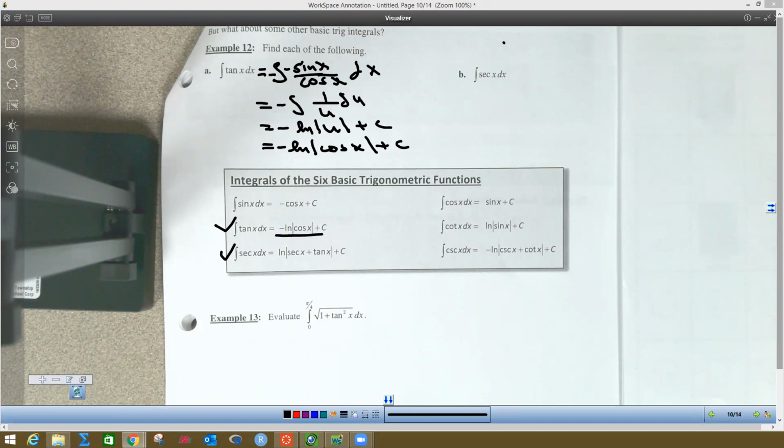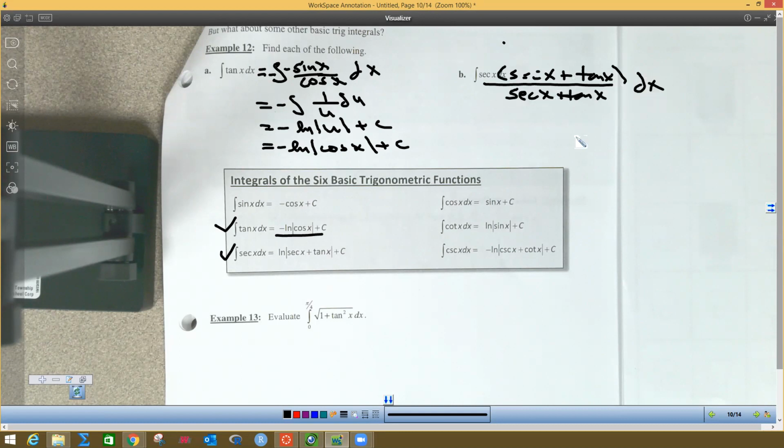So on the top, I'm going to add a secant x plus tangent x on top. And then I'm going to do the same thing on the bottom. So this is actually a value of 1, so it doesn't change the value.